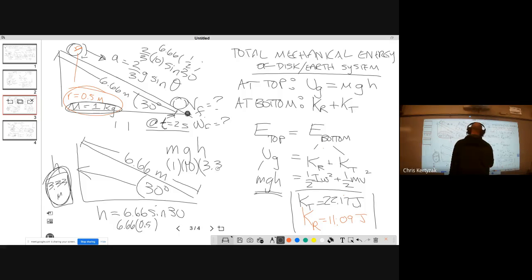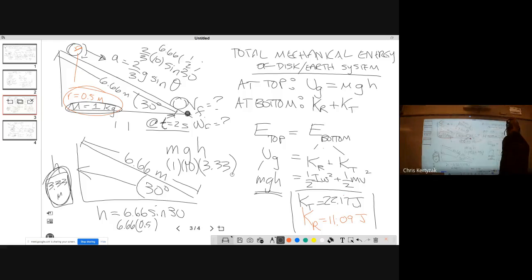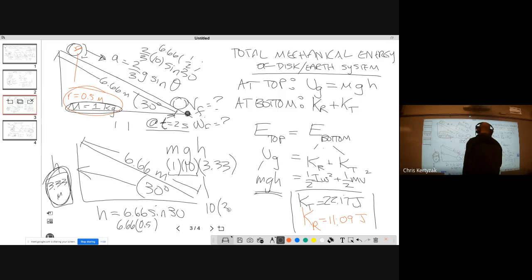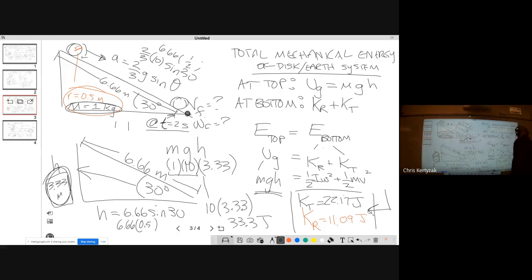Oh, I'm feeling good right now. I am feeling good about this. I am. And the reason why is because I know 1 times 10 is 10, and I know 10 times 3.33 is 33.3 joules.